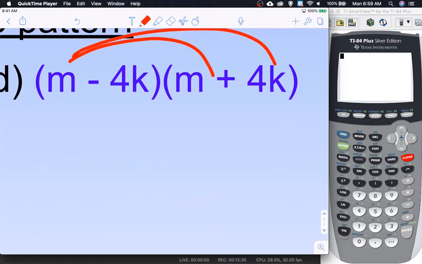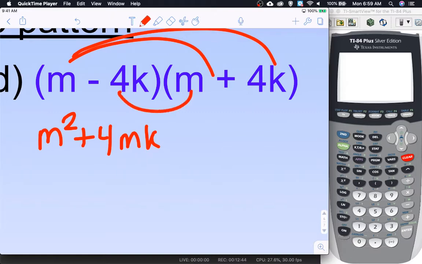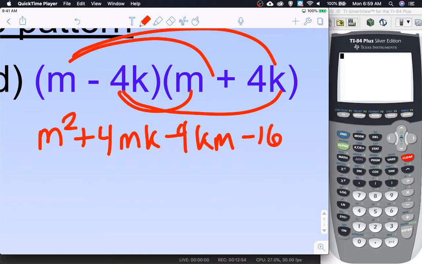Next: m squared plus 4mk minus 4, even if I put km, we're still good. I'm going to show you because that can be confusing for some folks. Minus 16k squared.